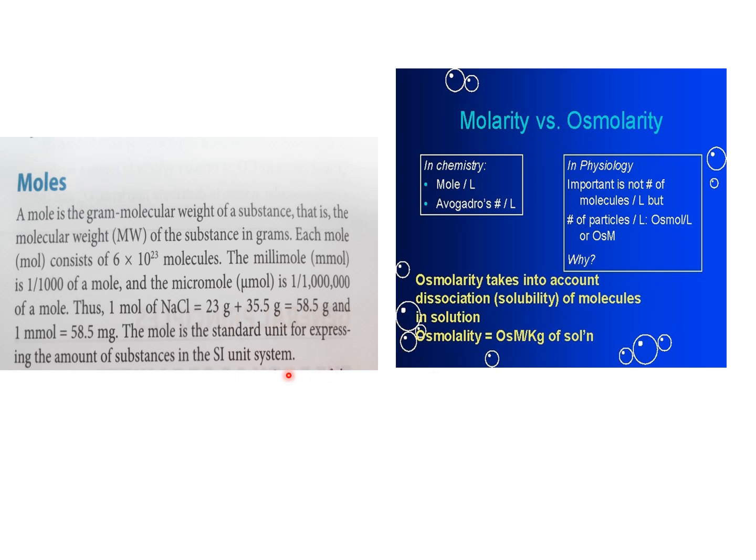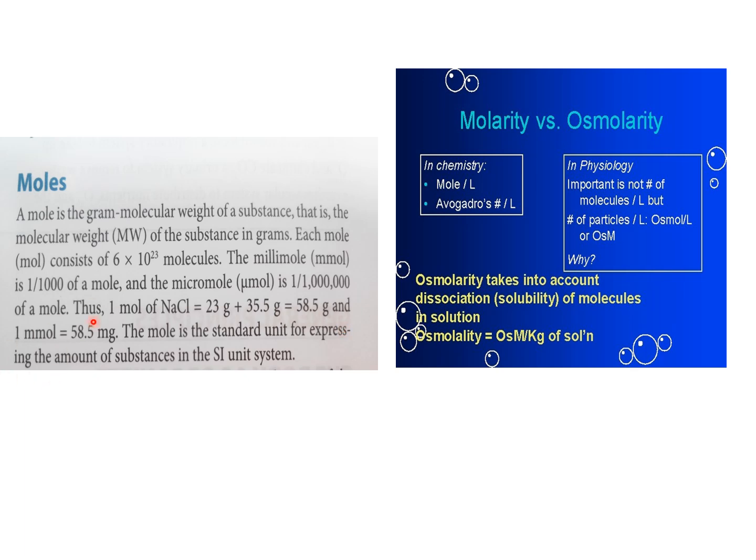So the weight of 1 mole in grams is the atomic or molecular weight of that element in grams. For example, in the case of sodium chloride, we know that 1 mole of NaCl will have a molecular weight of 23 gram plus 35.5 gram. It is around 58.5 gram.